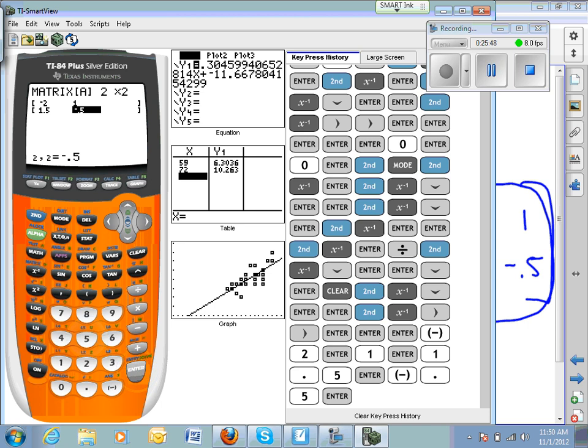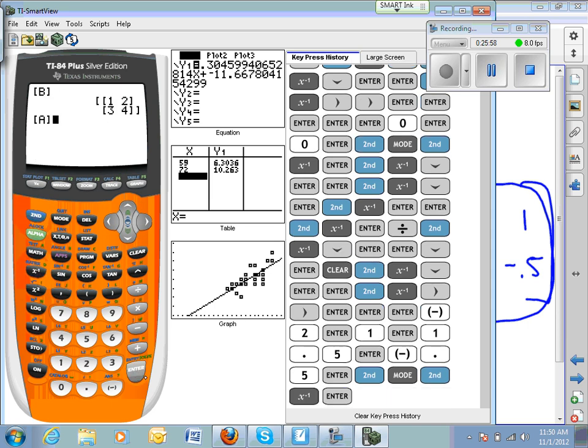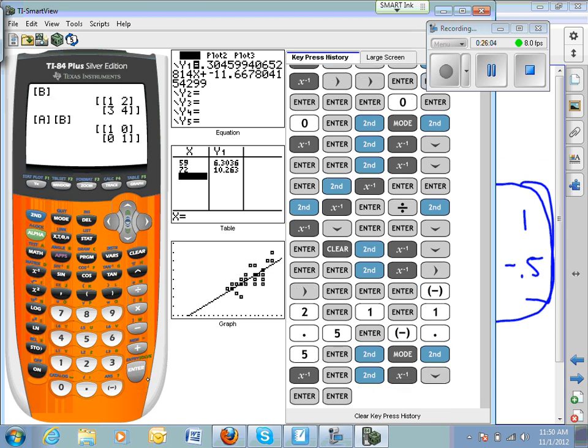Now, how do I test this? Just multiply it by B. All right, so matrix A times matrix B. Wow, look at that. And that's exactly what it should be, the 2 by 2 identity matrix. Ones on the main diagonal and zeros elsewhere.